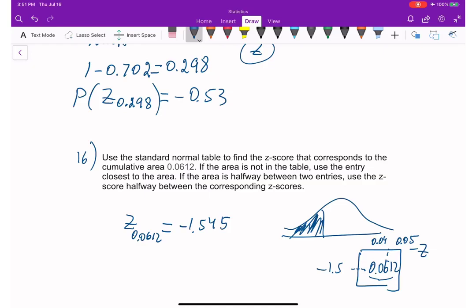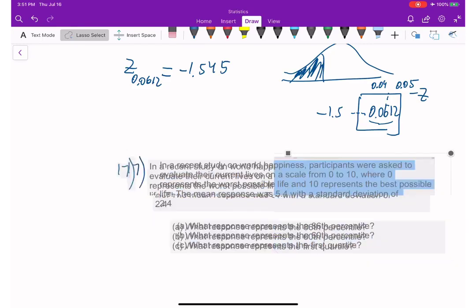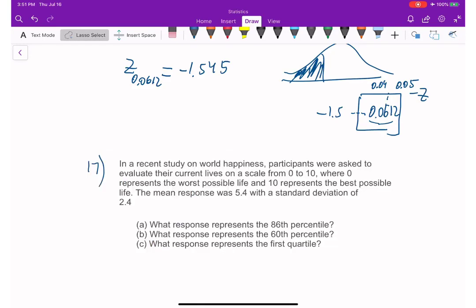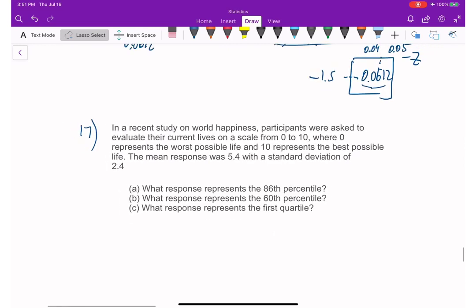Next one, 17. Let me see what's going to happen on 17. Here it is. In a recent study of world happiness, participants were asked to evaluate their current life on a scale from 0 to 10, where 0 represents the worst possible life and 10 represents the best possible life.